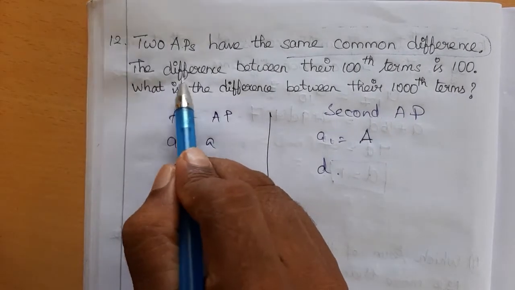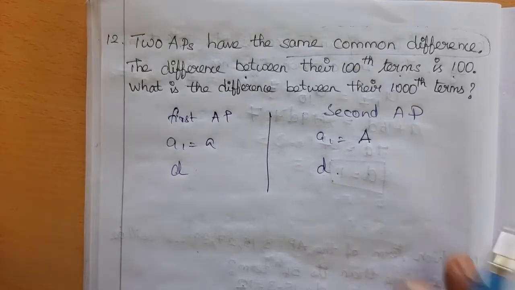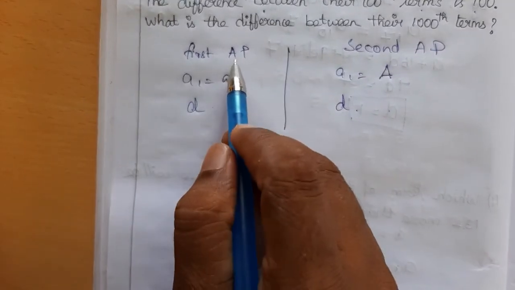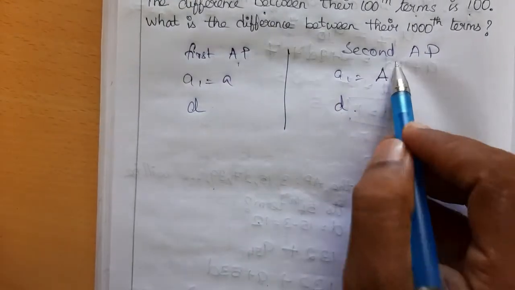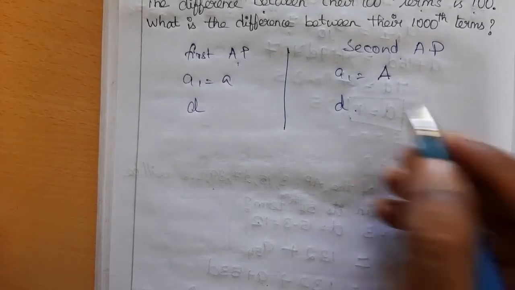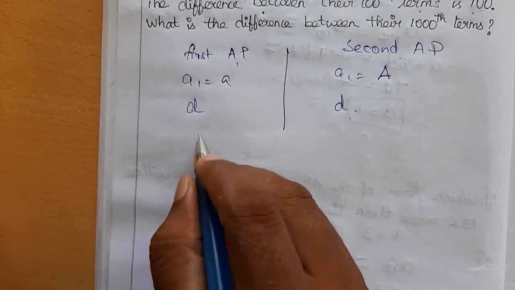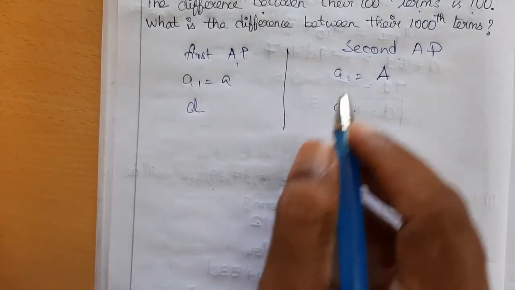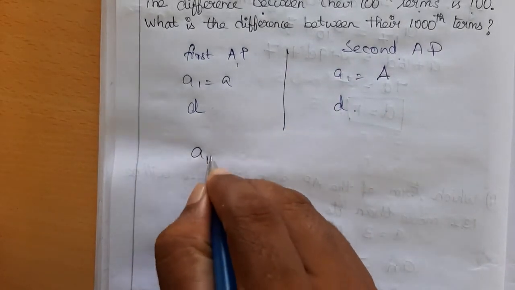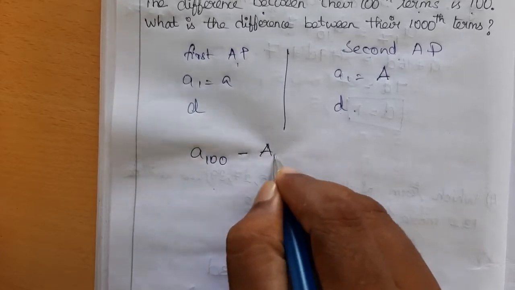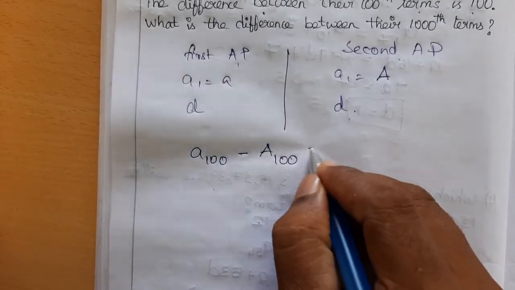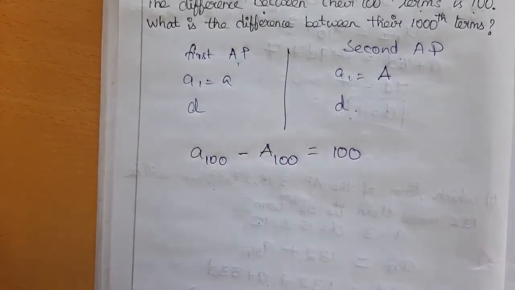And the given condition: the difference between the 100th terms is 100. So the difference of the 100th term of this AP and the 100th term of this AP is 100. Consider this as small a and capital A. So a 100 minus capital A 100 is equal to 100.